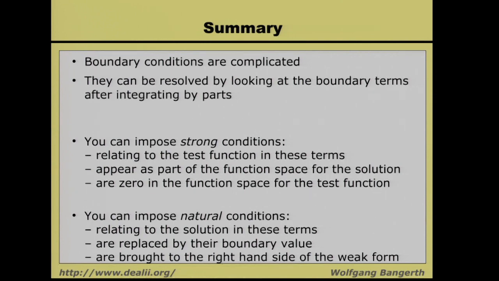like in the case where u dot n was equal to something. Or that you have natural boundary conditions, which means that something that has to do with the solution is equal to an expression that you know from the boundary condition. You replace it by the boundary value, and you bring it to the right-hand side of the weak form. And in both cases, you end up with the same term on the left, but you have either just the domain force on the right, or you may also have a boundary force on the right-hand side that provides a forcing of your system.